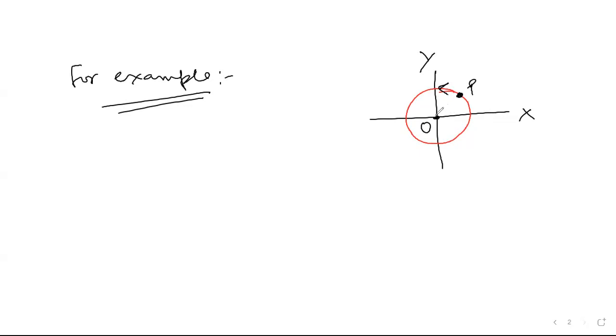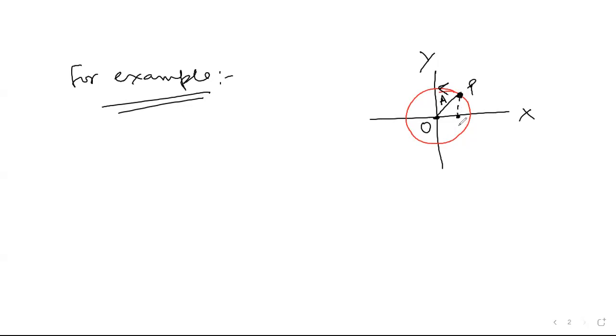So as this particle moves, this OP vector rotates, and let A be the radius of the circle. So this has length A, and we know when there is uniform circular motion in this way, then there are two corresponding simple harmonic motions.